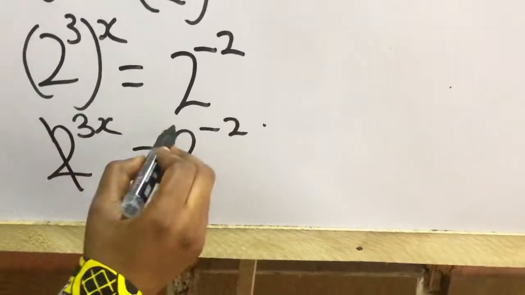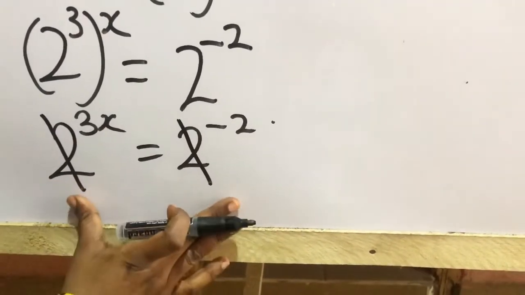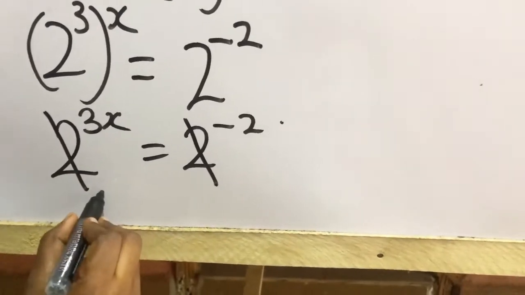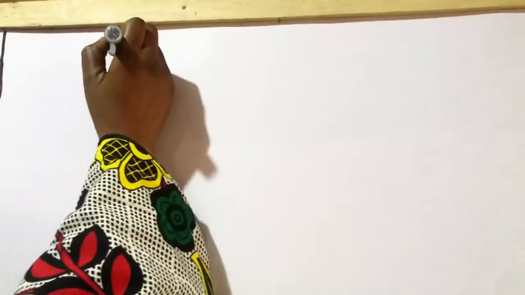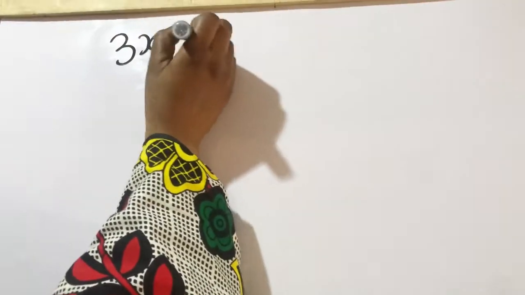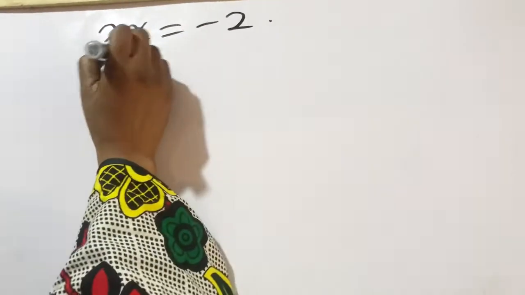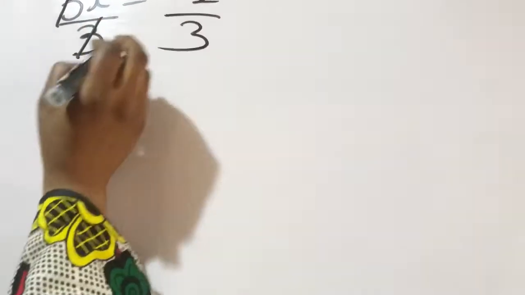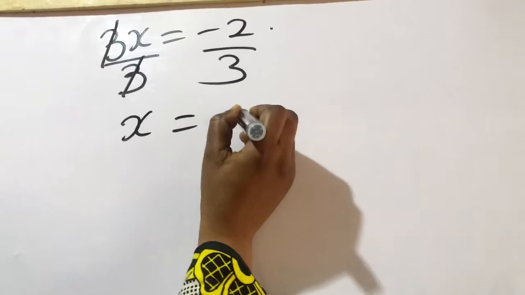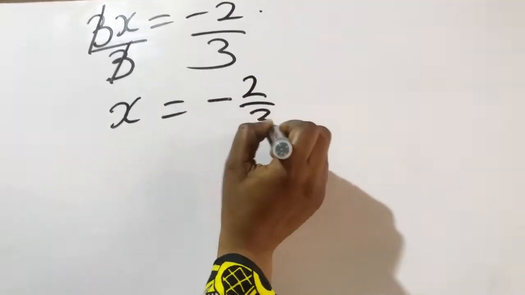So these bases are going to cancel each other. So we are left with 3x is equal to minus 2. So you have to divide both sides by 3. So 3 cancels 3, so x is equal to minus 2 over 3.